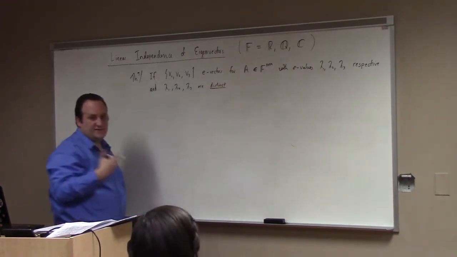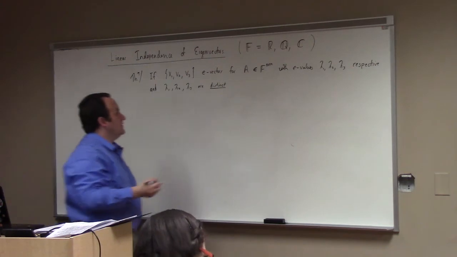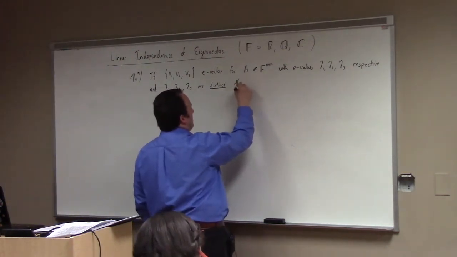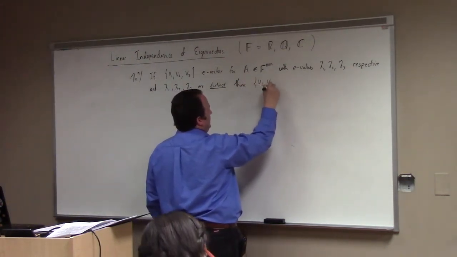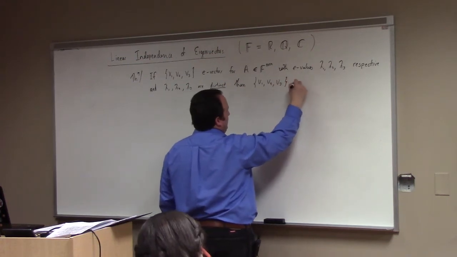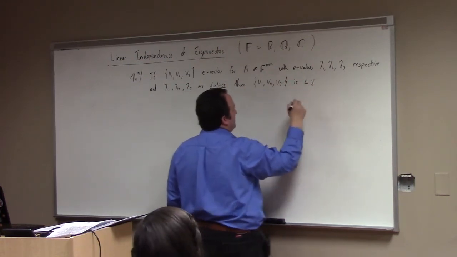All right, if those are distinct eigenvalues, then this triple V1, V2, V3 is linearly independent. Right.